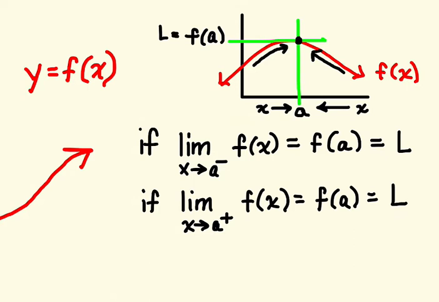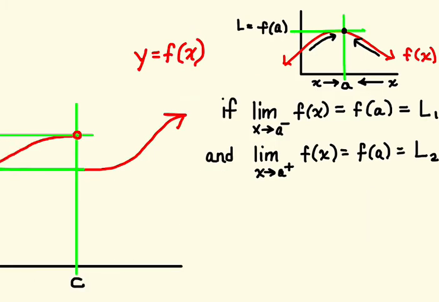And as a matter of fact, I'm going to say this is limit 1 and this is limit 2. Okay? They both have a limit. So I'm saying if the limit as x approaches a from the left exists, and if the limit as x approaches a from the right exists, if this is true and this is true, and one more thing, the left-hand limit, limit 1, is equal to the right-hand limit, limit 2.